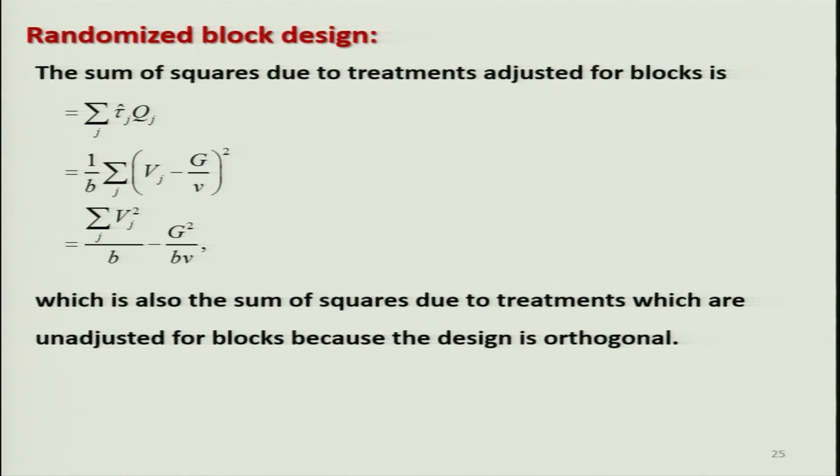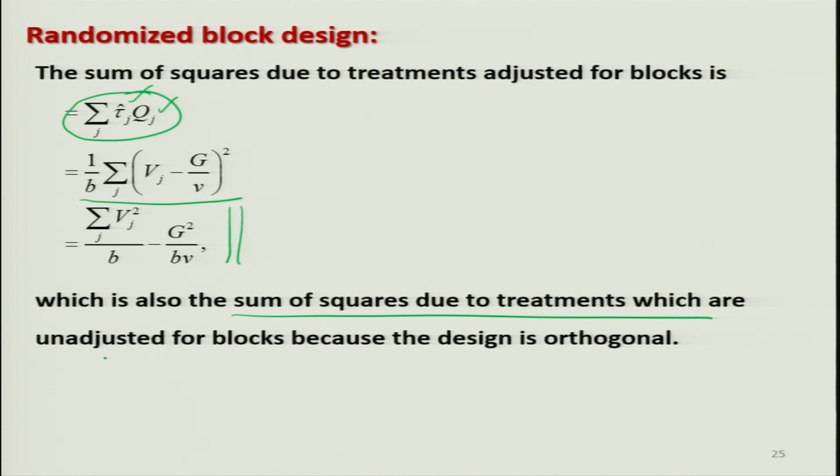And now if you try to obtain the sum of squares due to treatment, which is now adjusted for the blocks, it was obtained as summation tau j hat Qj. If you simply substitute the value of tau j hat and Qj, you get this expression, and if you open it, it comes out to be summation over j Vj square upon b minus g square upon bv, which is the same as the sum of squares due to treatment that you obtained earlier.